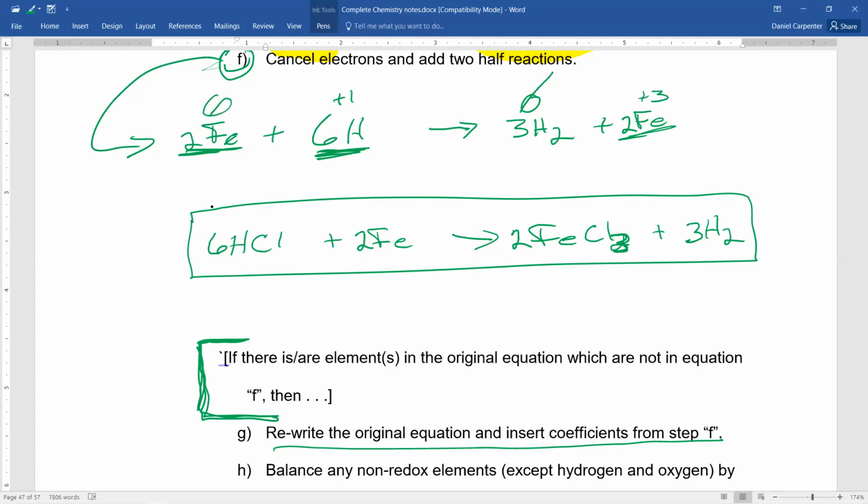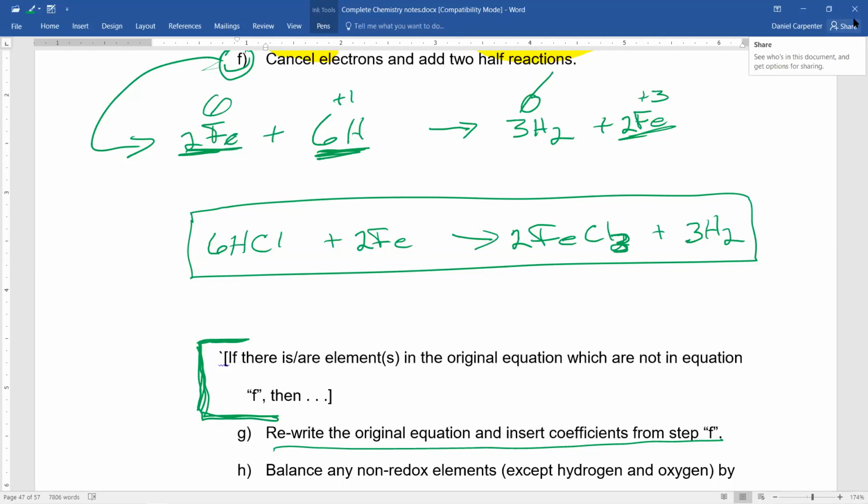Now, are there any questions about this? Yes, Avery. How'd you get the Cl on the right and left? They were in the original equation. Oh, okay. Which is not on the screen right now. I don't know if you wrote it down or not. No, I didn't. That's fine.